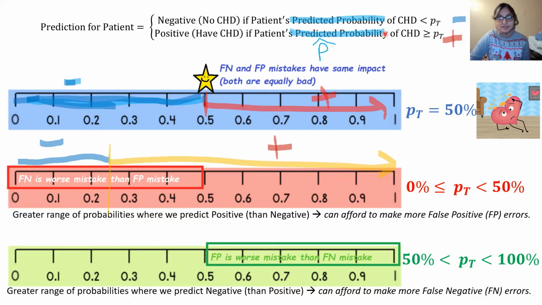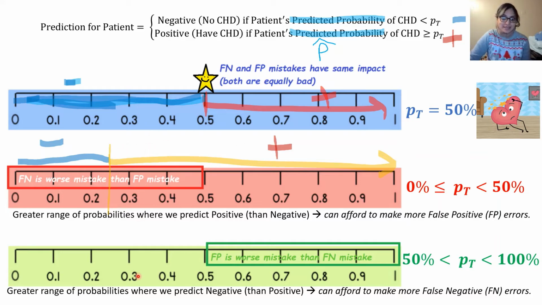So with this being lower than the default of 50%, it just means that we could afford to make more false positive errors than false negatives. So the range of saying negative, any false negative or true negative, will be decreased, but the false positive or true positive outcomes would be increased instead.